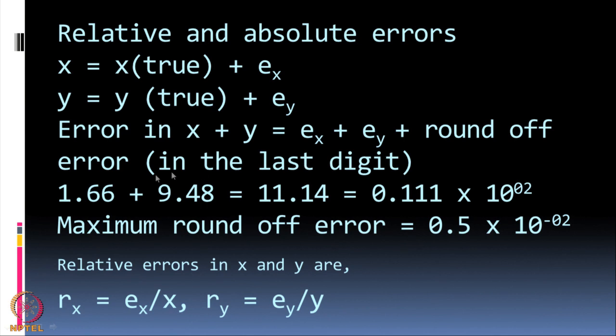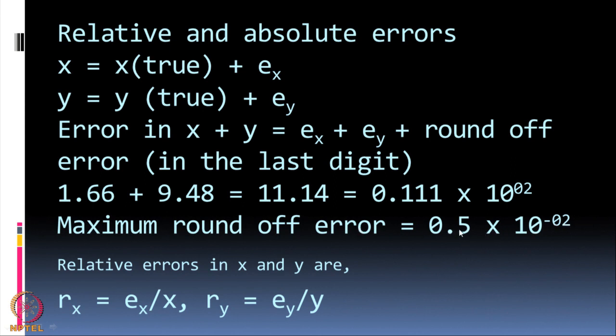Let us take this example. I have the number 1.66, to which I want to add 9.48, and the sum of that is 11.14. Now, suppose I want to write it with only 2 places after the decimal. If I want to have only 2 places of the decimal, the third digit will have no place in that. So, the round off error in this particular number will be 0.5 times 10 to the power minus 2.